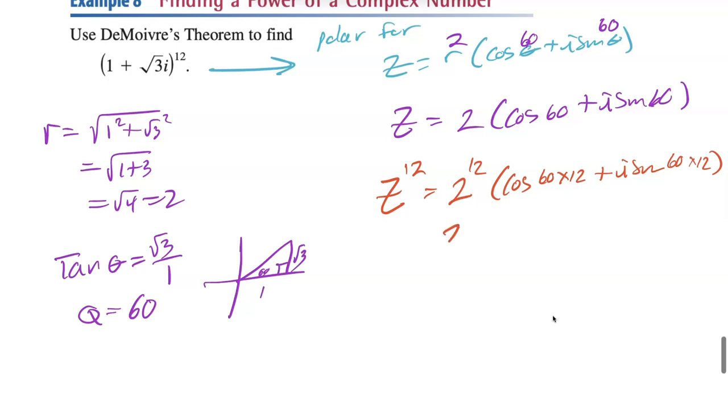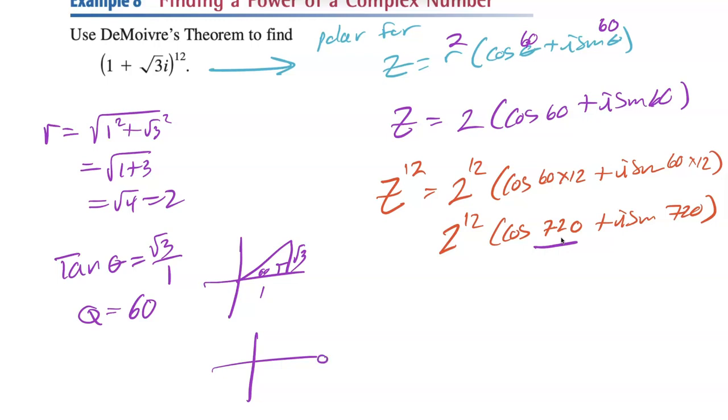Which is going to be 2 to the 12th, cosine of 720 plus i sine of 720. Well, we have here cosine of 720. So you have 0, 90, 180, 270, 360. If you go round again, you get 720.